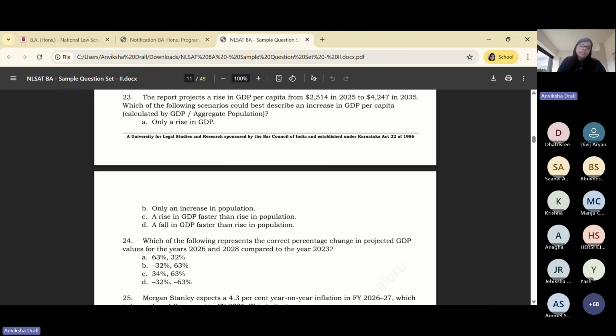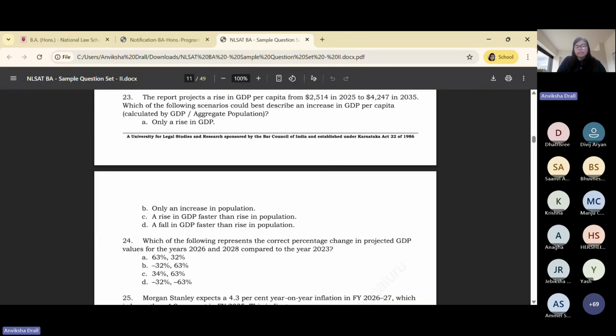Either all the information is given in the passage. If it is not given, and if there is any assumption that you have to make, that will be mentioned to you in the question. So either it will be mentioned in the question, or all the information or the facts will be given to you in the paragraph.